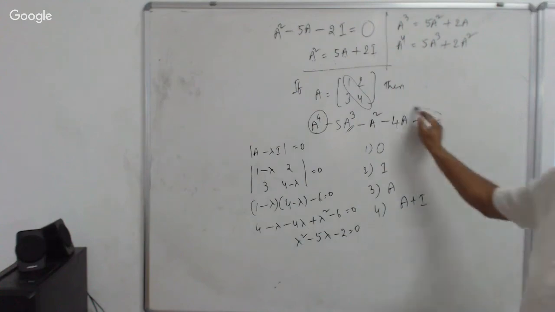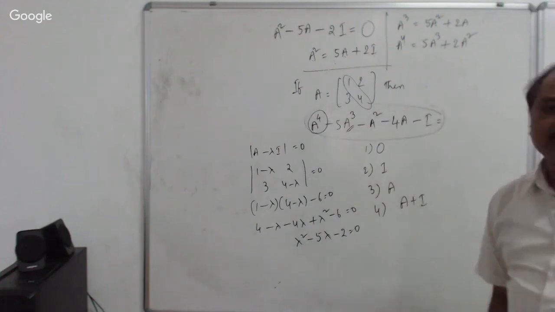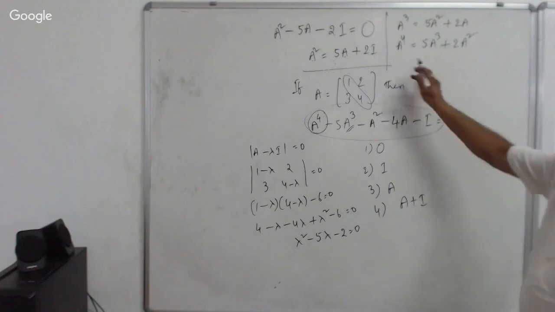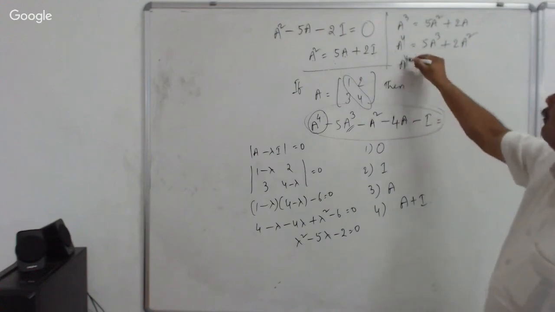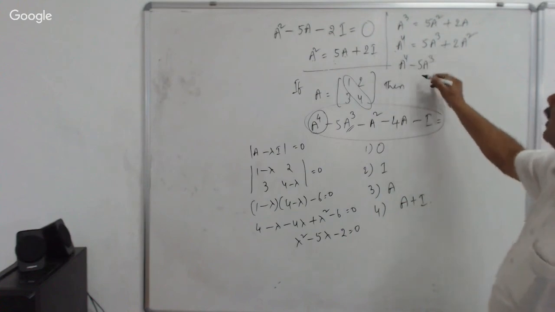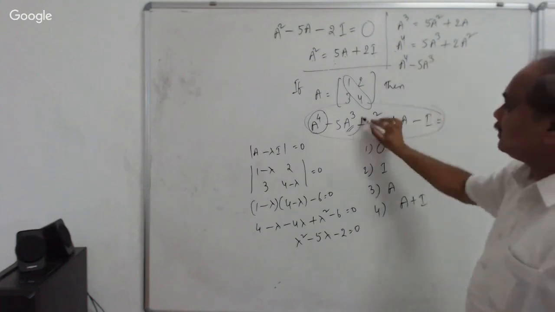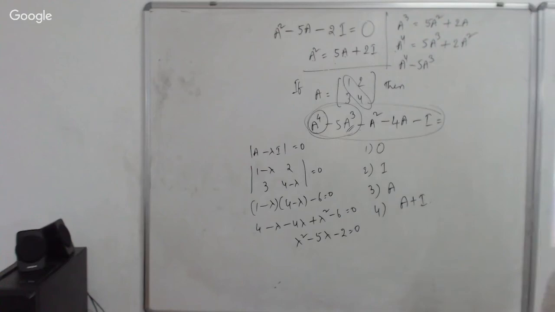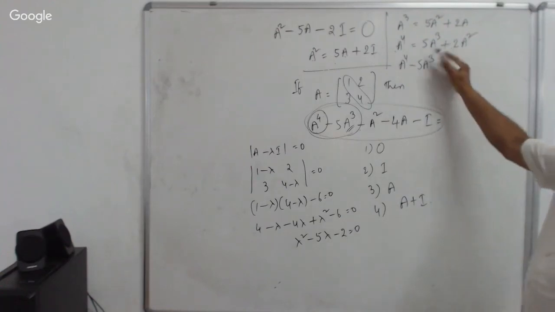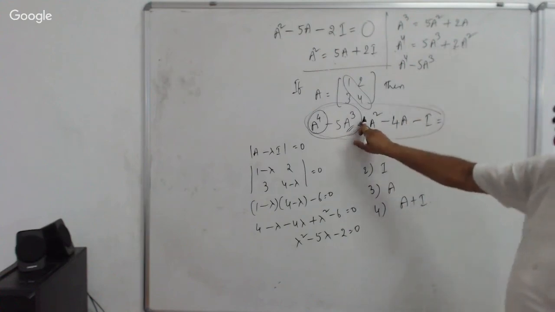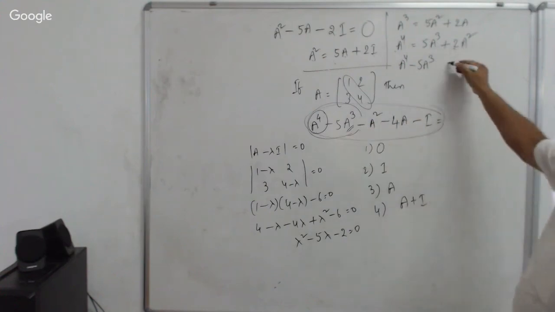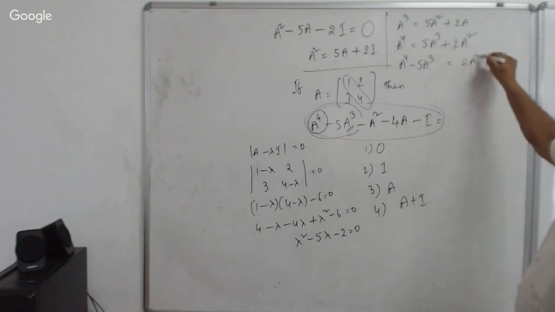Now just observe this expression. Taking this term to the left hand side, A power 4 minus 5A cube will match with this portion. Equal to 2A square, but here we require only minus A square.